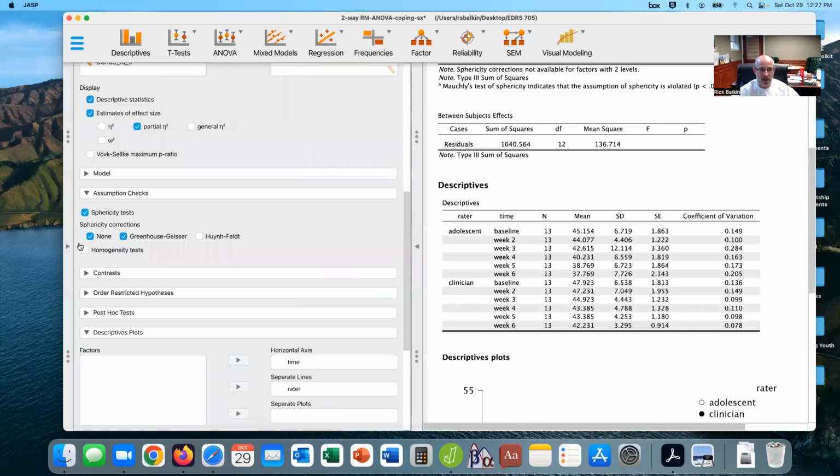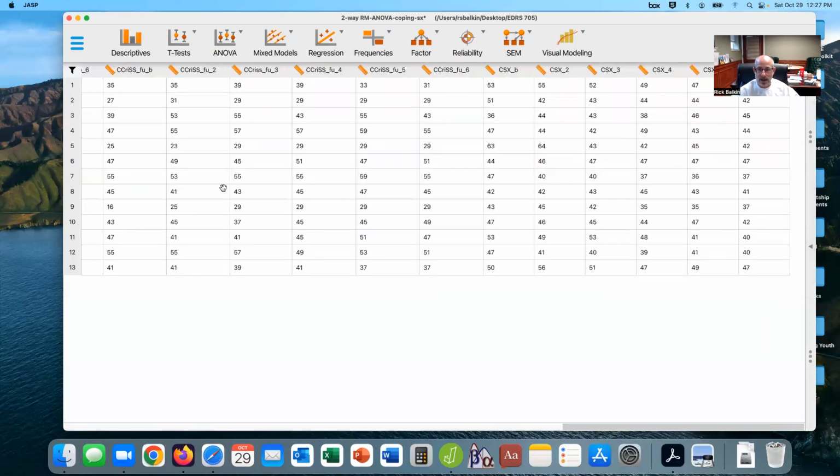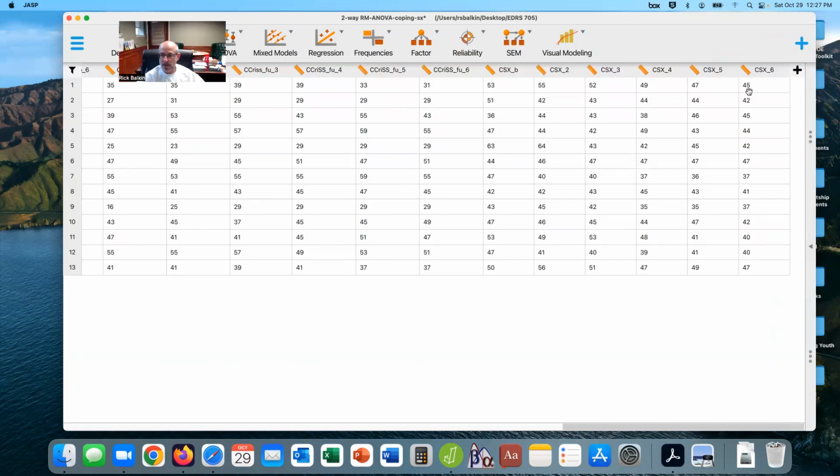The percent improvement is simply a variable that looks at the change from the baseline to the last score of week 6 divided by the baseline mean, or divided by the baseline score.